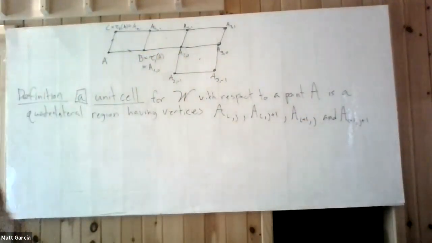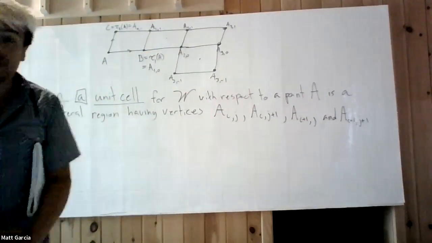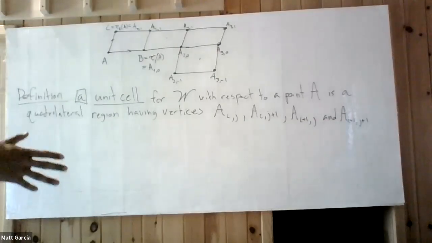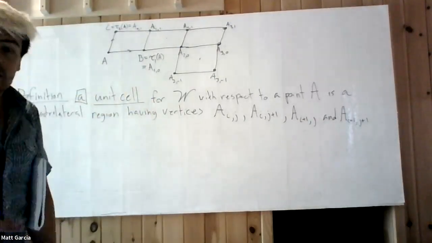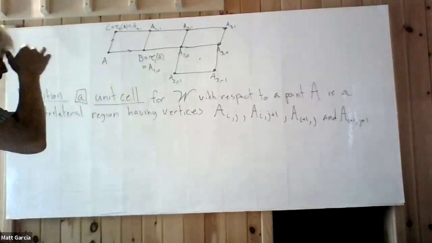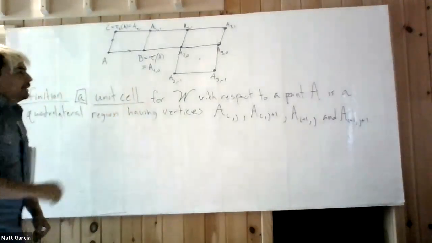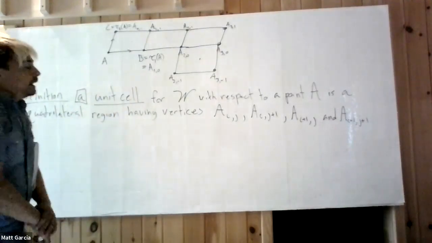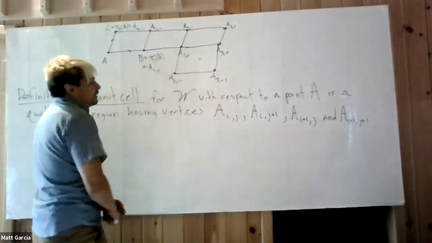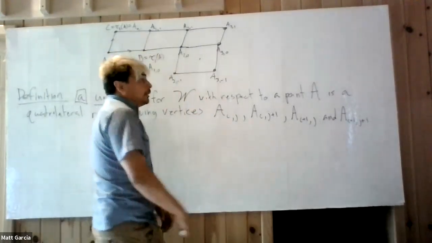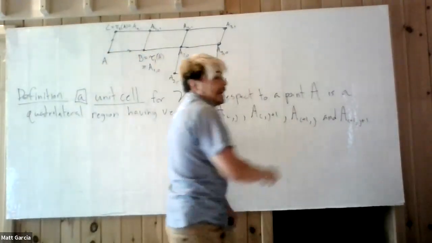That is to say, these translations, tau1 and tau2, can be moved around to have any particular base point you want. You just want them to have the same starting point. So in other words, if I draw the translation lattice in the plane, it depends on this point A that I pick.